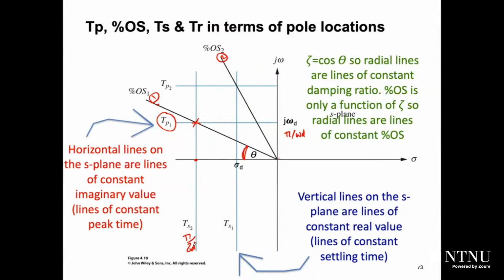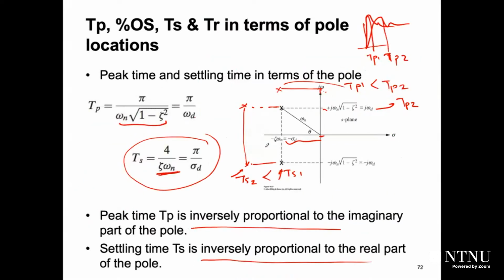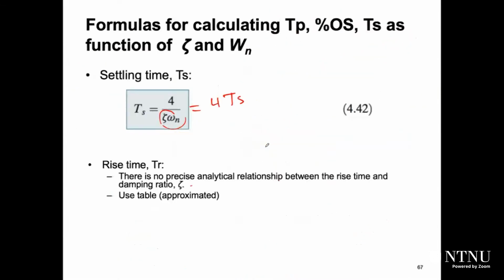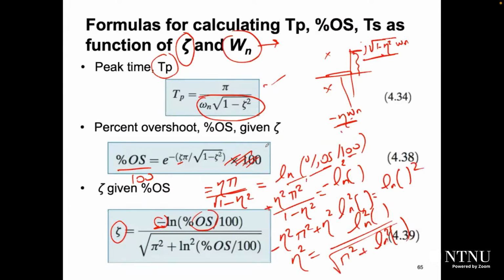The percentage overshoot is only a function of zeta. So the radial lines are lines of constant overshoot. If you go across this line, you will have constant overshoot all the time, because the equation of percentage overshoot is a function of zeta.